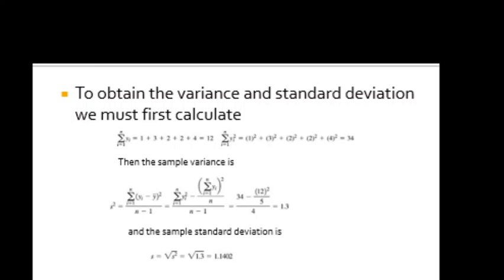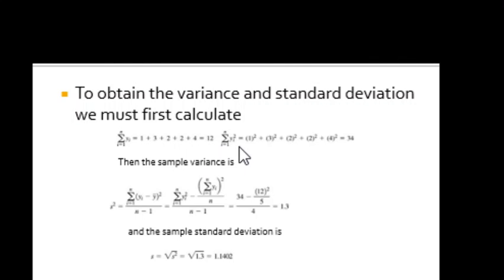Let's calculate the variance and the standard deviation. We can use this format of our formula. We can start by calculating sigma yi squared and sigma yi. Sigma yi means we add all the observations, that's the sum of all observations, which is 12.